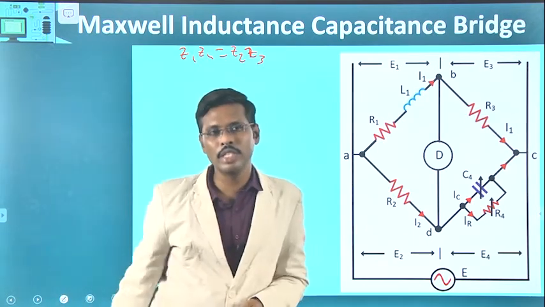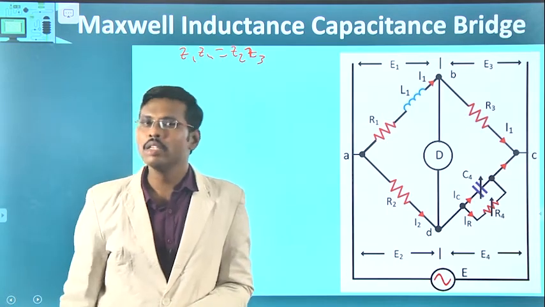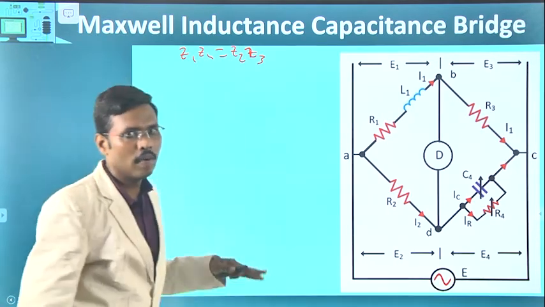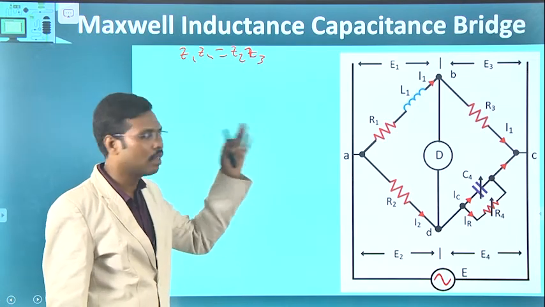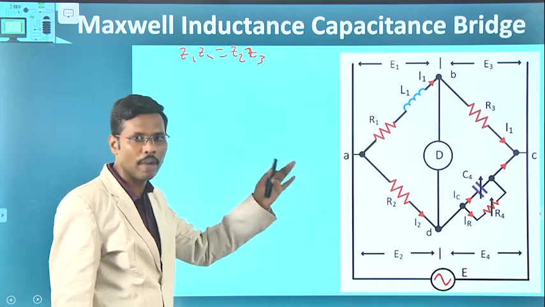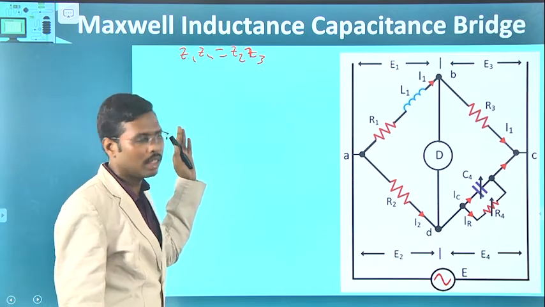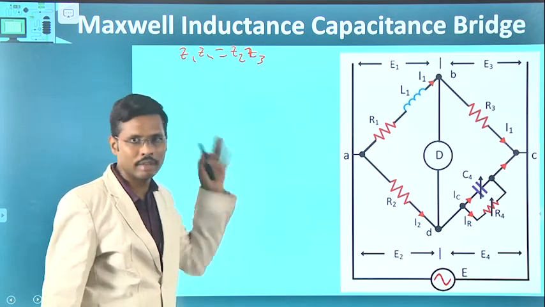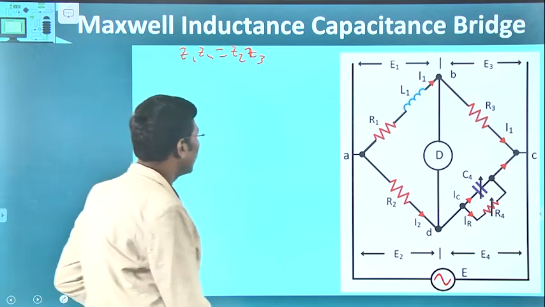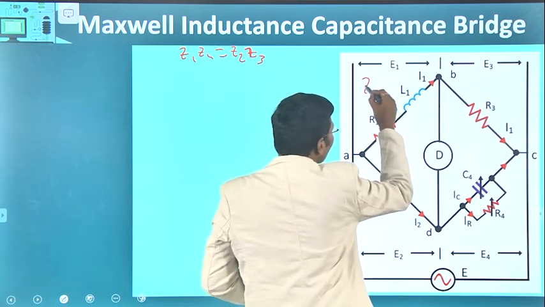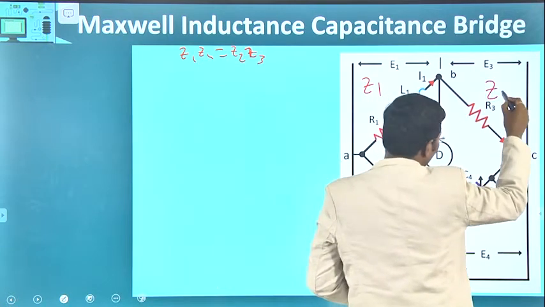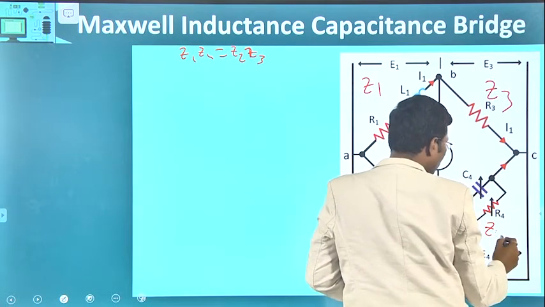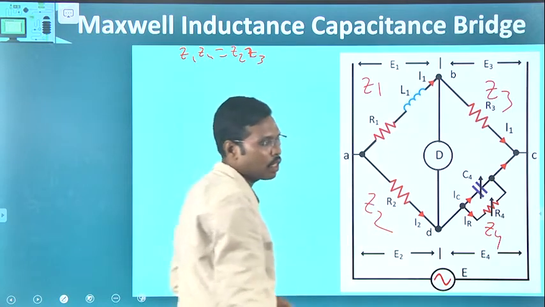Now we will substitute the impedance values of this Maxwell inductive capacitance bridge into these impedances, and try to derive the expression. So Z1 is the impedance of the arm AB, Z2 is the impedance of the arm AD, Z3 is the impedance of the arm BC, and Z4 is the impedance of the arm CD.